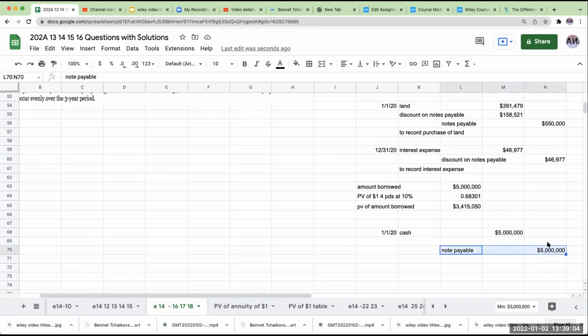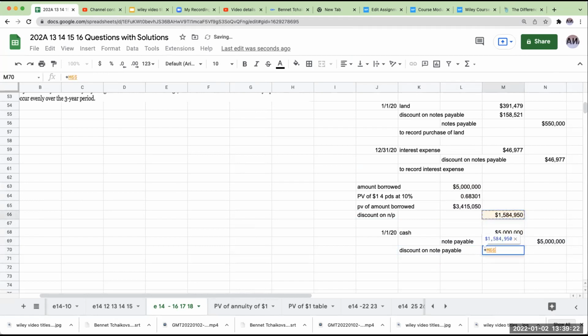Okay, so I'm partially right on this, right? So this part is good to go. However, I have to record a discount on the note payable, right? So this is going to be the difference between the amount borrowed and the present value over here of 1,584,950.